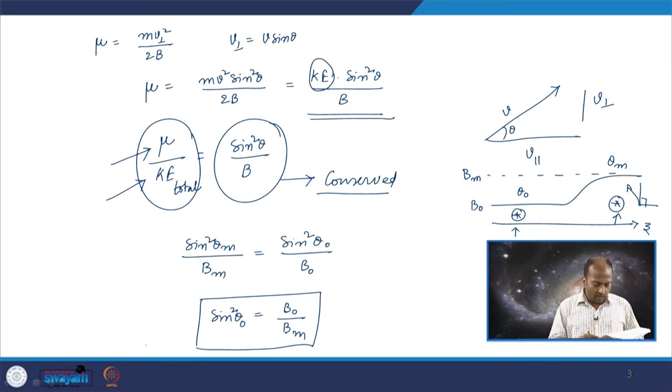So we will say that sin square theta naught is equal to B naught by Bm. B naught is the field strength at the beginning and Bm is the field strength at the maximum point. So, the limiting condition is that sin square theta naught, the initial angle, must be greater than or equal to B naught by Bm.